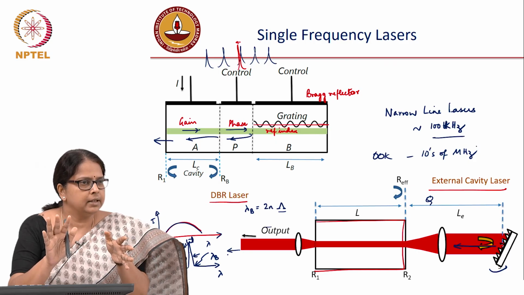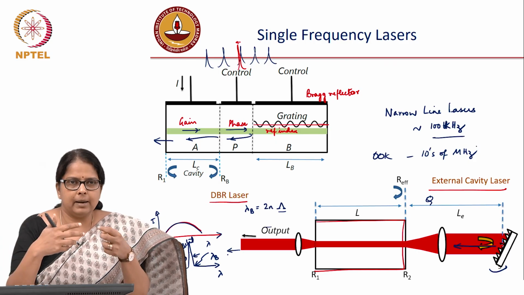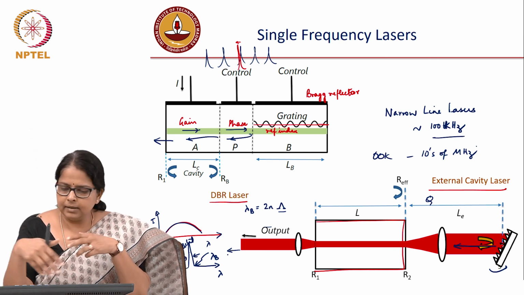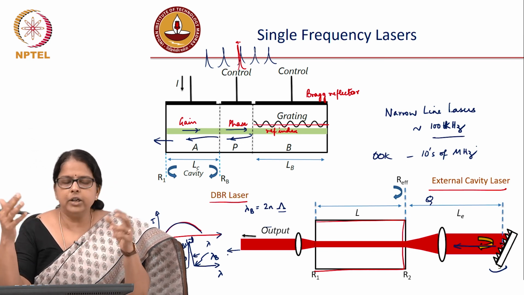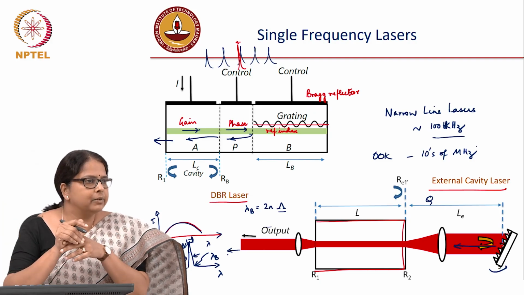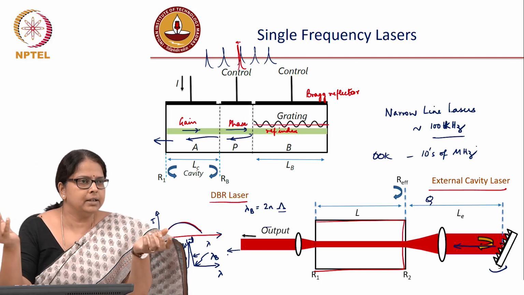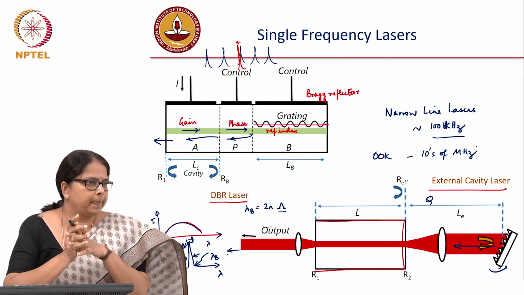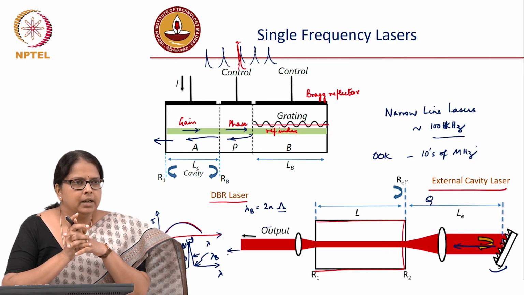I told you how the amplitude noise will affect the system, and how the phase noise will affect the system. We have not gone into the details of the design of single frequency lasers, just to give you a conceptual idea that narrow line lasers are possible, which are used for coherent communication.